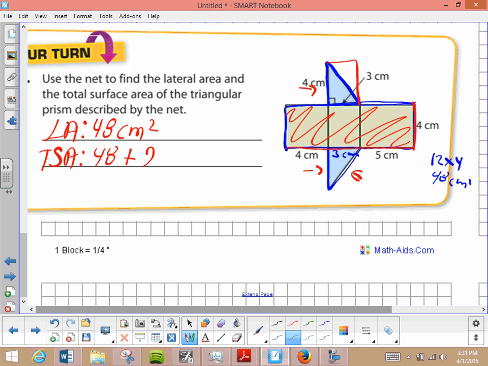So how many of those do we have? We have two bases, right? Times the area of each, which is what? It's not 12. It's 6. So when you find the area of the whole thing, it'll be 12, and then you get 60. So it'll be 60 centimeters squared for the whole thing. That's the total surface area.